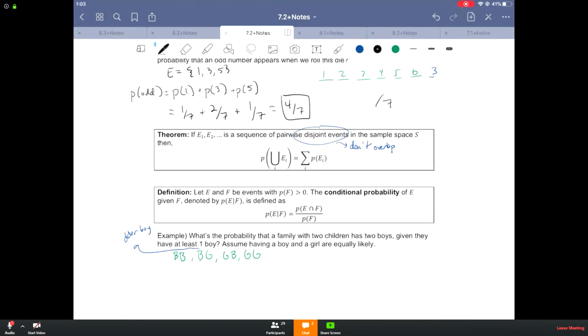So what do we want? The probability that a family has 2 boys given they have at least 1. Those are your 2 events. I'm going to match it up with the definition, E given F. E is 2 boys, so there's only one way to have 2 boys.